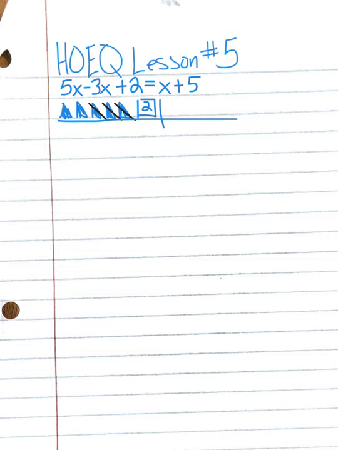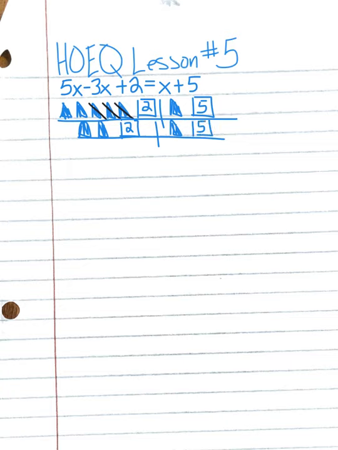And then on the other side, we're going to have a triangle and a 5. And now, once we took away those 3 x's, we're left with 2 triangles and a 2 balanced with 1 triangle and a 5.